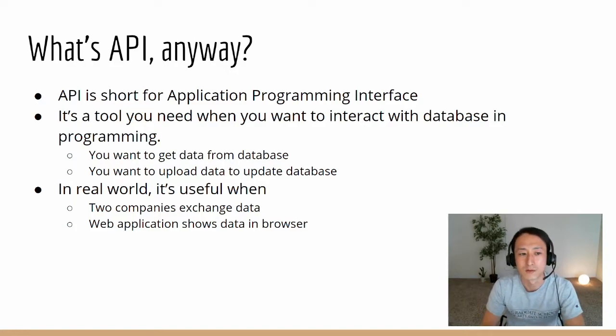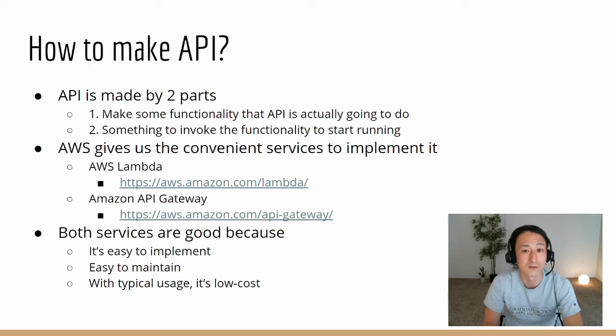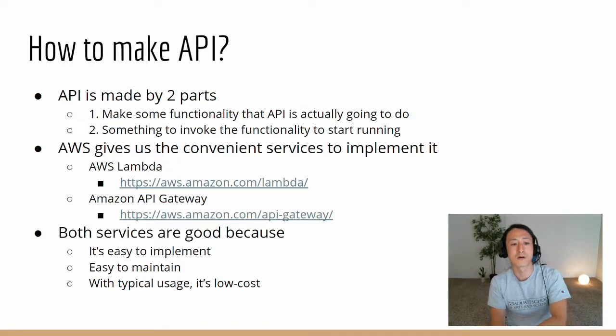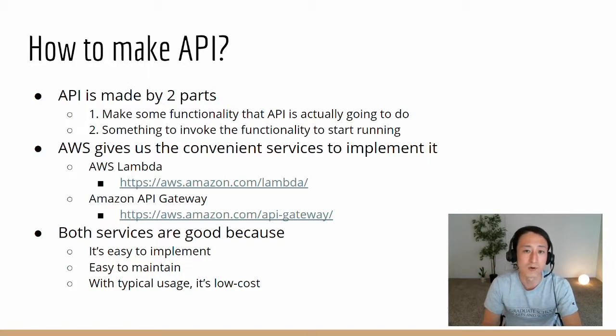So now we are going to see how we can make this API, because this API is very useful. Making an API consists of two components. The first component is that we have to make some kind of functionality that the API is actually going to do. In the previous example, maybe just getting the data from the database or updating the database.